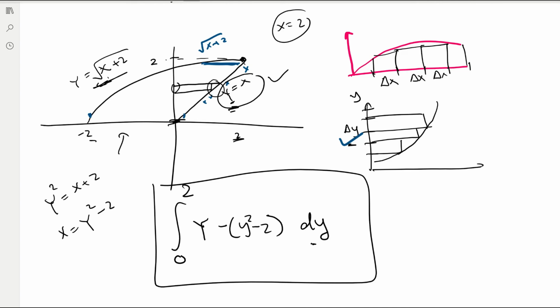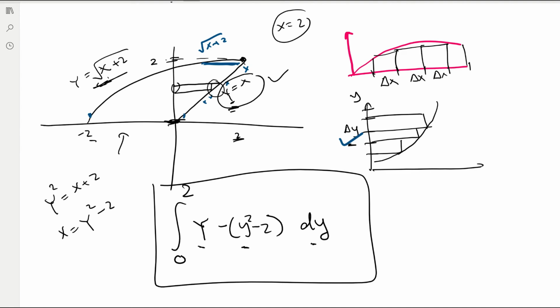Now see the difference. In the previous video, we had to divide the region into separate parts to get an integral representation using x, when you do the rectangles vertically. But if you switch the way that we think about this, if you think in terms of y, then you're talking about the limits of y and then the rightmost y function minus the leftmost y function, and you integrate with respect to y.